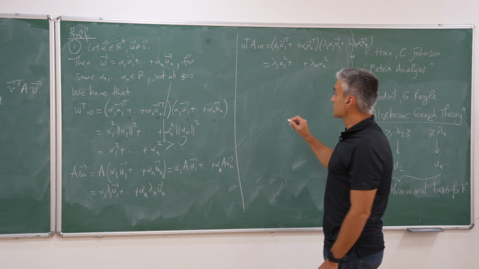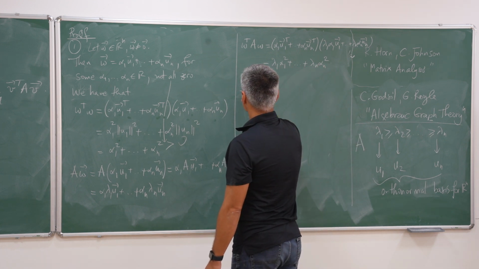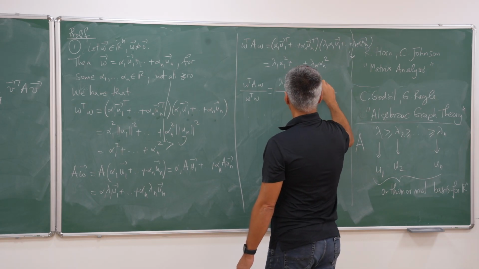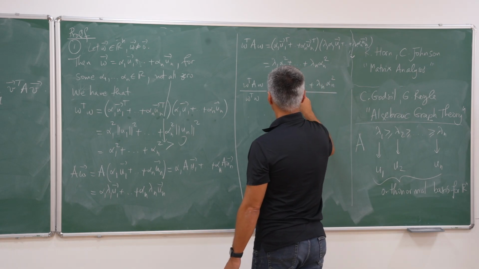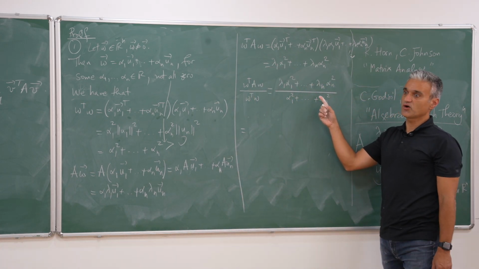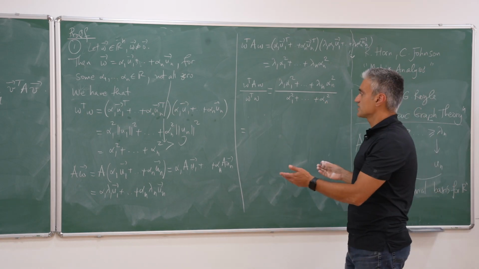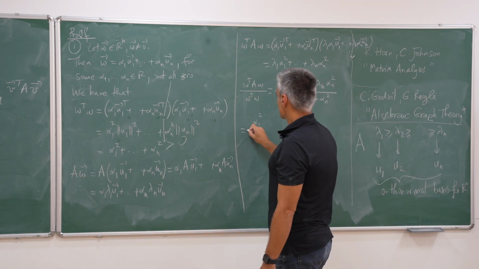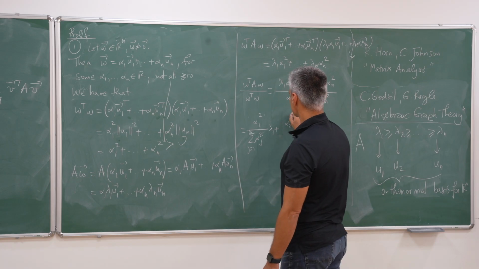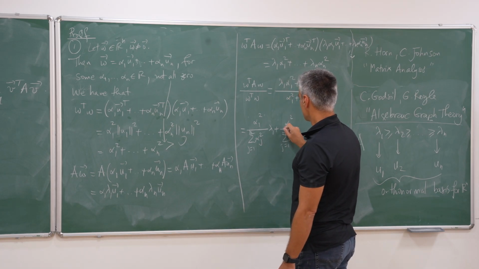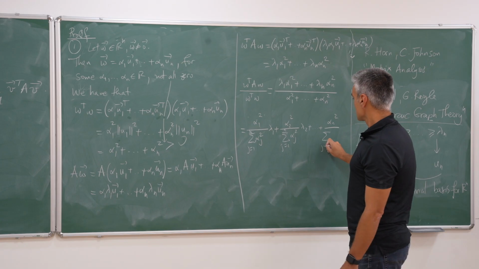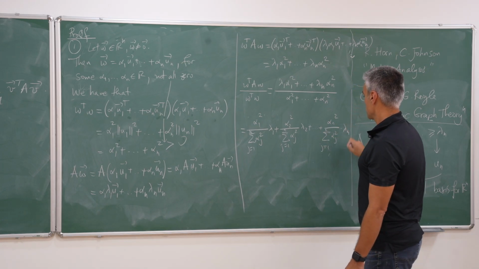So all this work to give us what? W transpose A W divided by W transpose W equals, on the top we have this, and now if you look at this expression, this is a convex combination of lambda 1 through lambda n, because you can write it in many ways: alpha 1 squared divided by the sum of all the alpha j squared, times lambda 1, plus alpha 2 squared divided by the sum over j of alpha j squared, times lambda 2, plus alpha n squared divided by the sum from j equals 1 to n of alpha j squared, times lambda n.